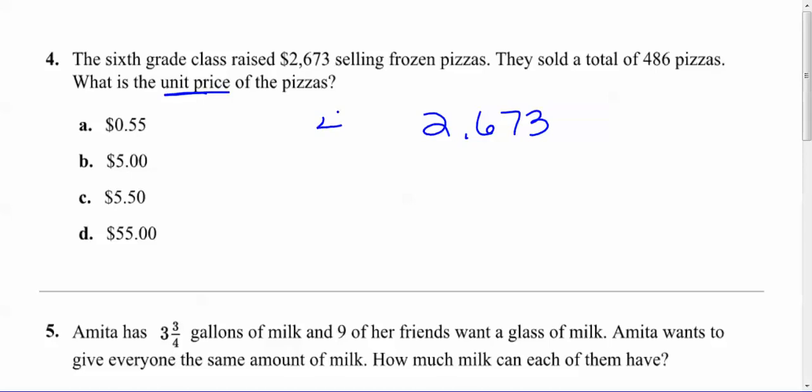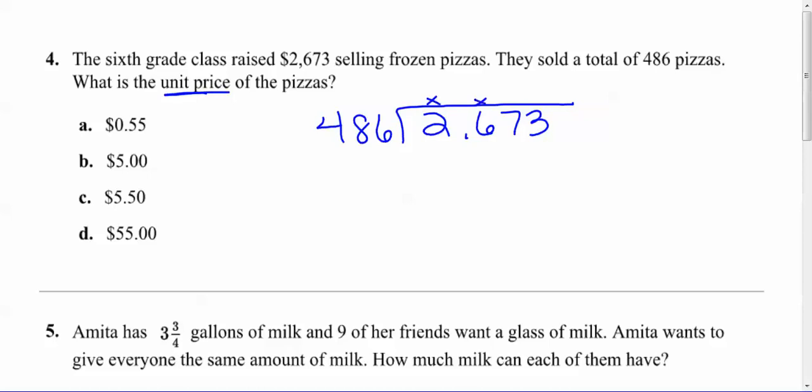So now, common sense sometimes can really help you out. Nobody's going to be buying a pizza for 55 bucks, I'm guessing. But you could go ahead, I would say B and C are our most reasonable answers, right? So we can maybe use those as guidance. 486 does not go into 2.